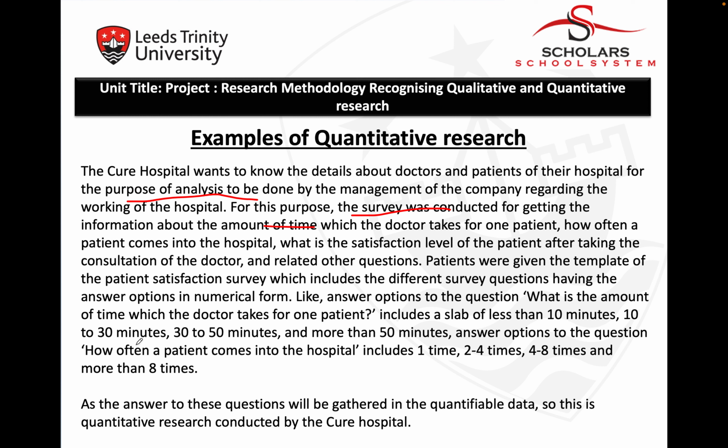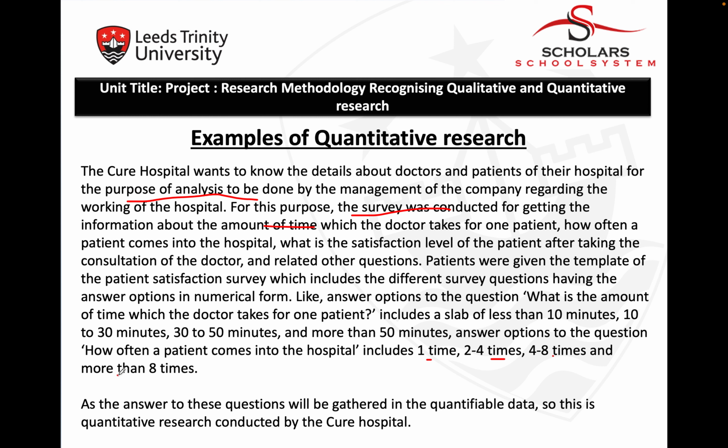Answer options to the question, how often a patient comes into the hospital, include 1 time, 2 to 4 times, 4 to 8 times, and more than 8 times. Look at these examples. It involves closed-ended questions. They've been given a couple of options in this question and in this question.